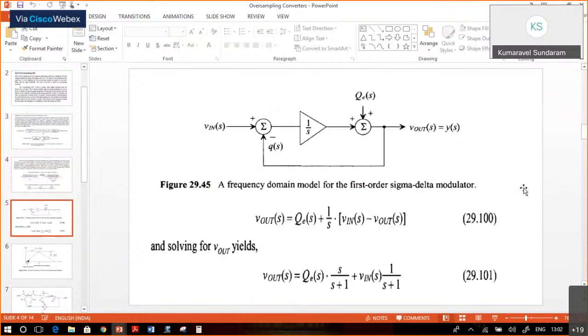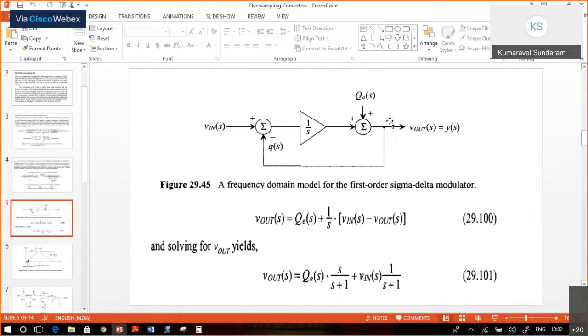Based on that, this is the first order sigma delta modulator. So sigma and then delta, and 1 by s is the sigma, the integrator, which is nothing but continuous summation. Based on that, the architecture of the sigma delta modulator is shown over here.